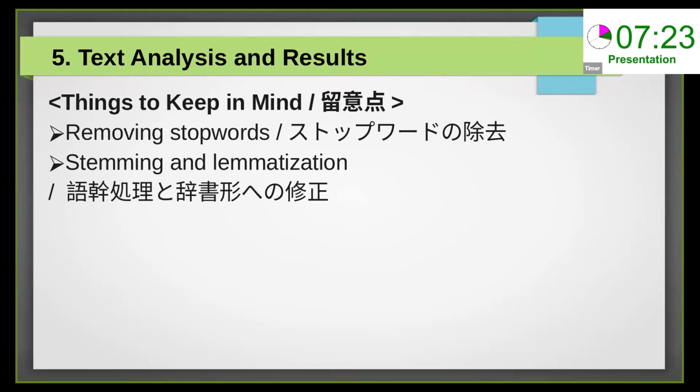In the case of Sanskrit, for instance, gati, gamanam, gamakaha, gachati, gamyate, and so on. Even though their part of speech is different, even though they have grammatically different functions, they are all derived from the same root, gam. But since the stem is not registered in the corpus that I used, and I'm not sure if stemming is appropriate in this case, I just applied lemmatization to my text analysis.